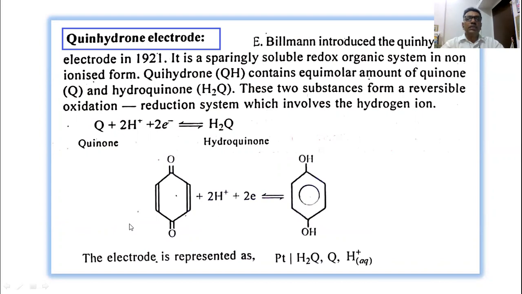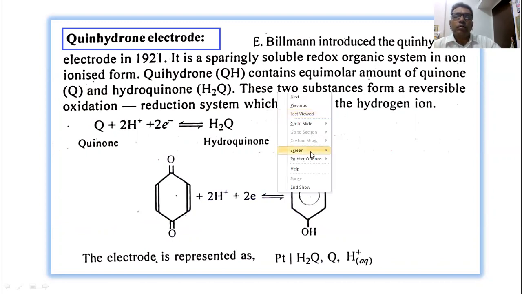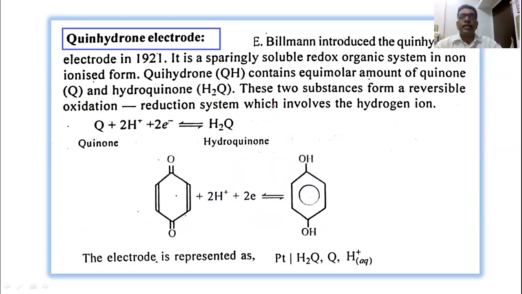The material required in this electrode is a redox organic system, that is quinhydron. So we have to use quinhydron powder to construct this quinhydron electrode.